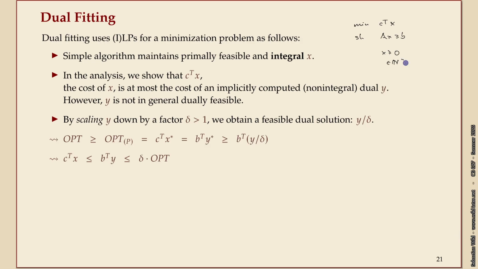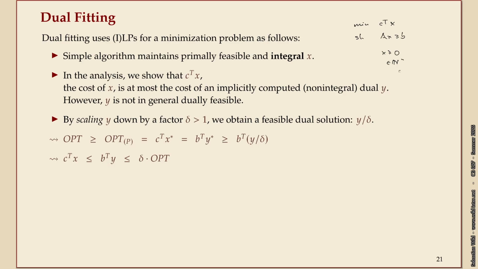If you have the ILP, so opt denotes the optimal objective value of the best integral solution. Since it's a minimization problem, that's only going to get better if you loosen the integrality constraints to be just x greater equal 0.